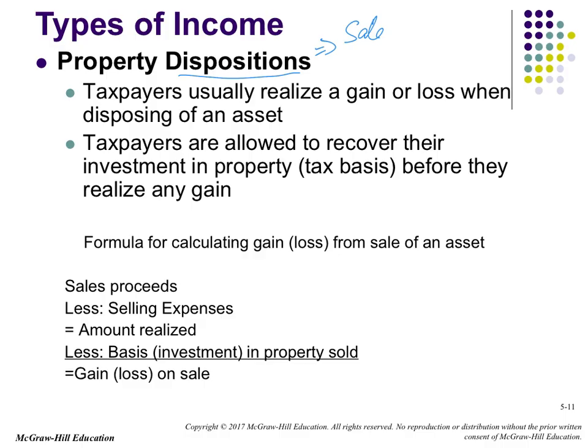So what happens when we dispose of an asset, when we sell an asset? Well, we recognize either a gain or a loss, right? And we, again, are allowed to recover our investment in the property before we realize any taxable gain, okay? And that investment in the property is called our tax basis, okay?